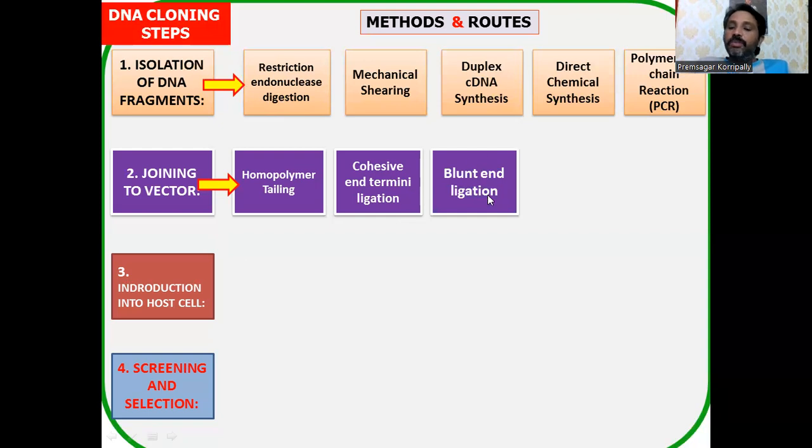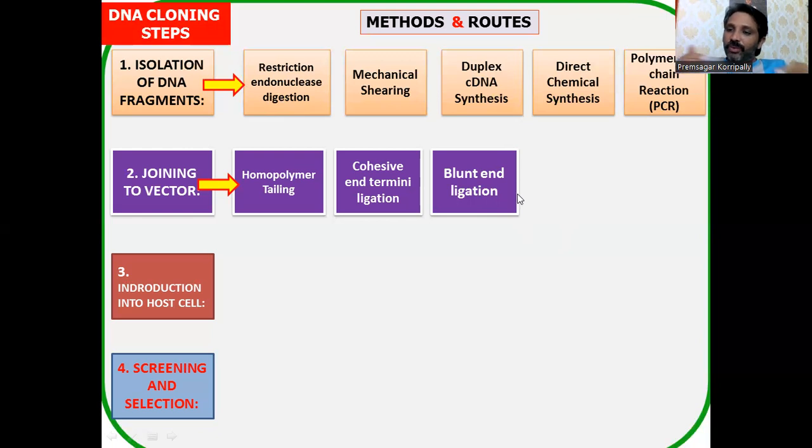Third method is blunt end ligation. Any DNA fragment which is having the 5' phosphate and 3' OH, and other DNA fragment with the 5' phosphate and 3' OH. So the T4 DNA ligase can mediate both the cohesive end ligation as well as the blunt end ligation.